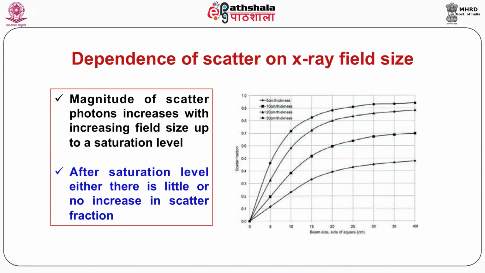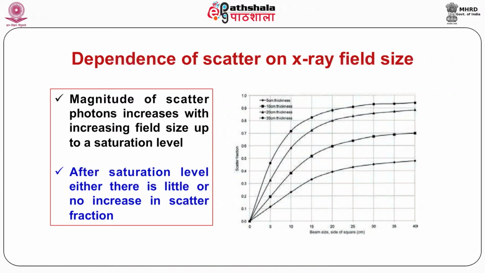So the figure shows the variation of a scatter fraction with field size for 80 kV X-rays, for phantom thickness 5, 10, 20, 30 cm, and this is for 80 kV setting of the tube voltage.